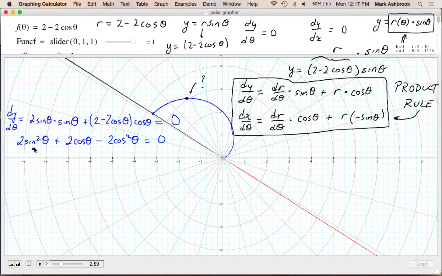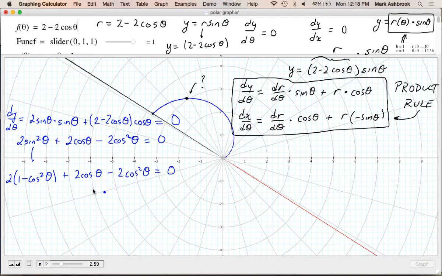So how can I change this so that everything is in terms of cosine? What would I do to the 2 sine squared? 1 minus cosine squared. Yeah, so I can do 2 times 1 minus cosine squared. And that'll give me this quadratic in cosine, and hopefully it will factor.